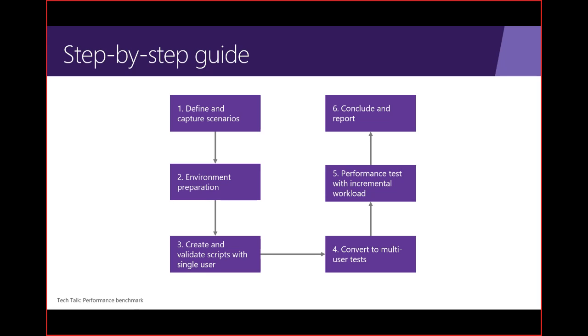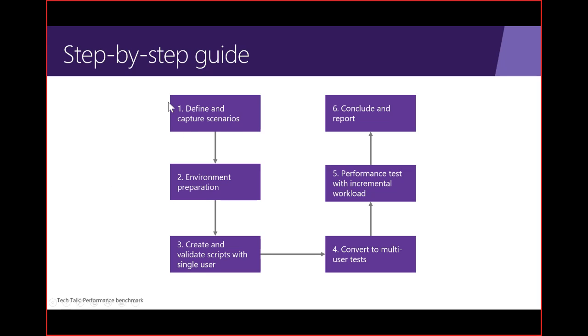And this step by step majorly assumes you already have those scenario, goal, transaction, configuration, history data activities already done, and then you are ready to capture the scenario and convert the scenario to a test script, and eventually convert the test script to a multiple user test, run the test, tune it, add more, tune it, and then eventually reach your acceptable performance goal and conclude and report it.